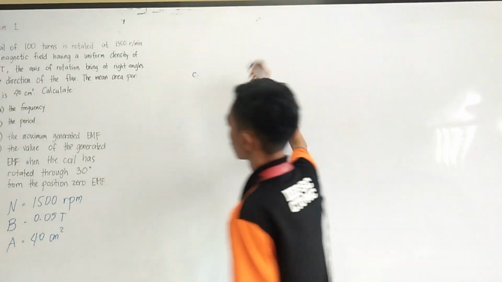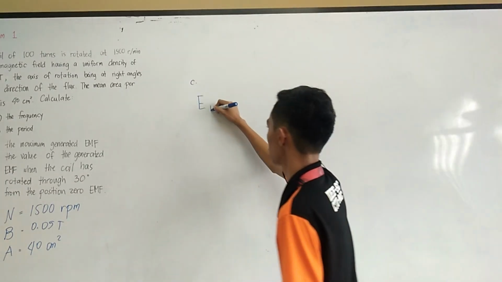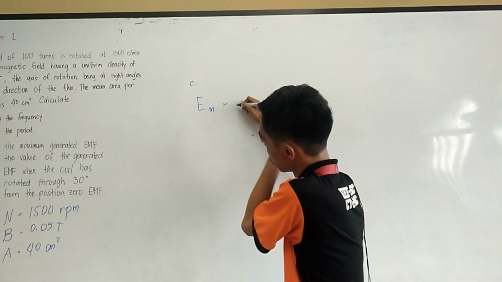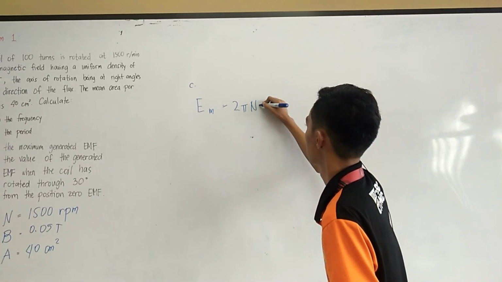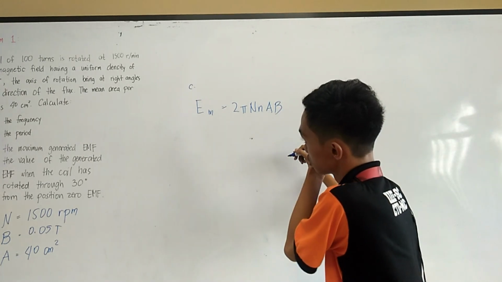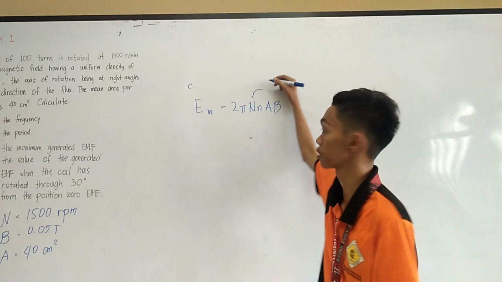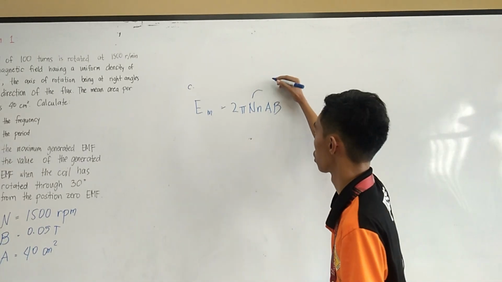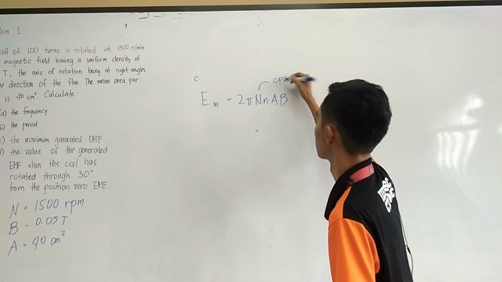N is the number of rotations per second, so we shall express this in CPS.